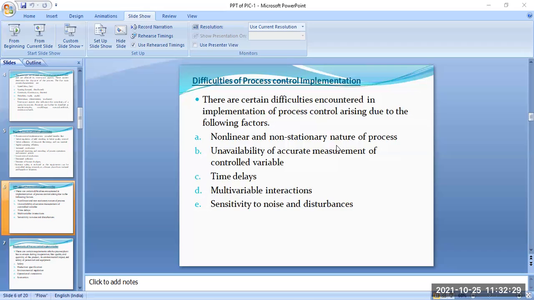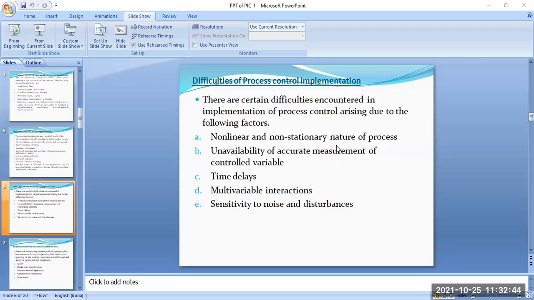So in this nonlinear and non-stationary nature, the process gain or dynamic parameters are dependent, resulting in non-stationary nature. And these dynamic parameters change with the operating point.